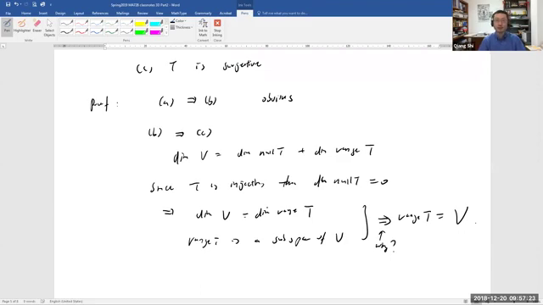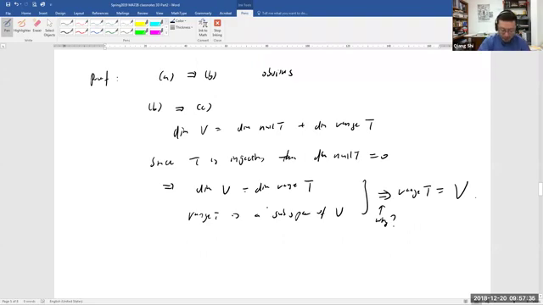That tells you this basis of range T is also a basis of V, so the subspace becomes the entire vector space. That's the reason I add those details to that question mark there.